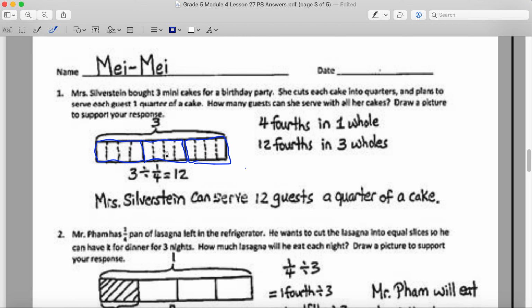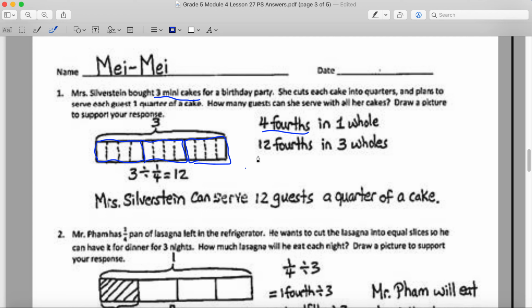Here's a cake that's cut into 4 slices, and these are mini cakes, by the way. And here's a cake that's cut into 4 slices. So if we were to count the number of slices here, there would be 12 slices or 12 fourths. So there are 4 fourths in one whole, so there are 12 fourths in 3 wholes.